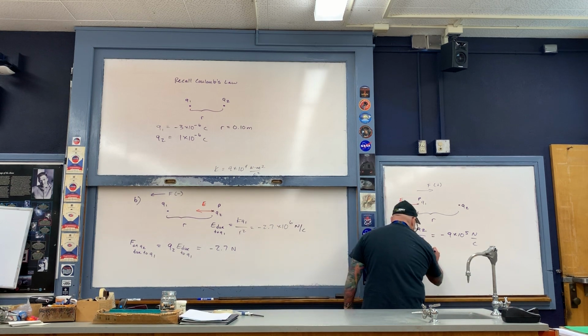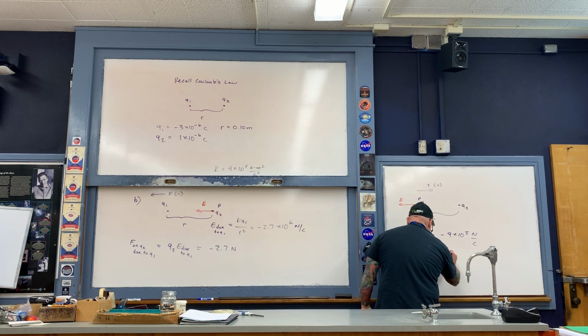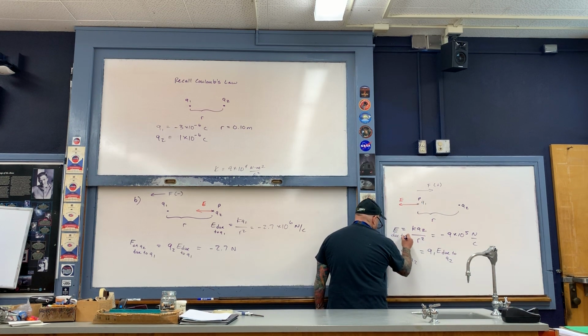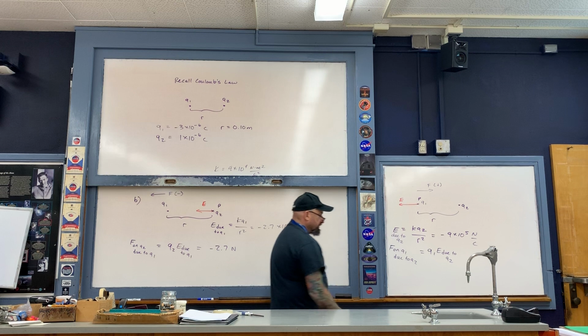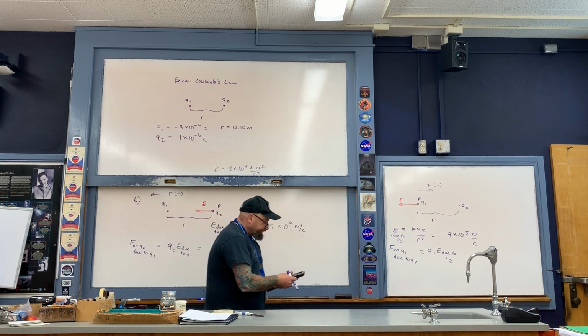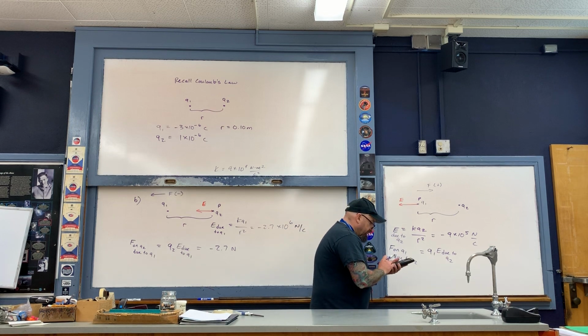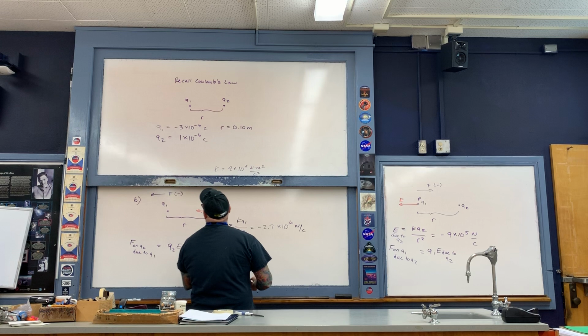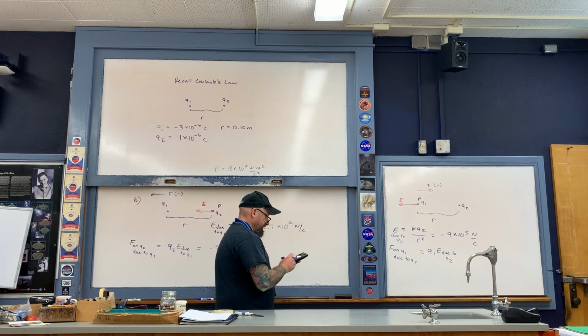Now mathematically, this is equal to Q1 times the electric field due to Q2. This right here is the electric field due to Q2. If you need to pause a little bit and make these adjustments in your notes, by all means do so. Okay, so now negative 9 times 10 to the 5th, and then multiply that by Q1, which was negative 3 times 10 to the minus 6.